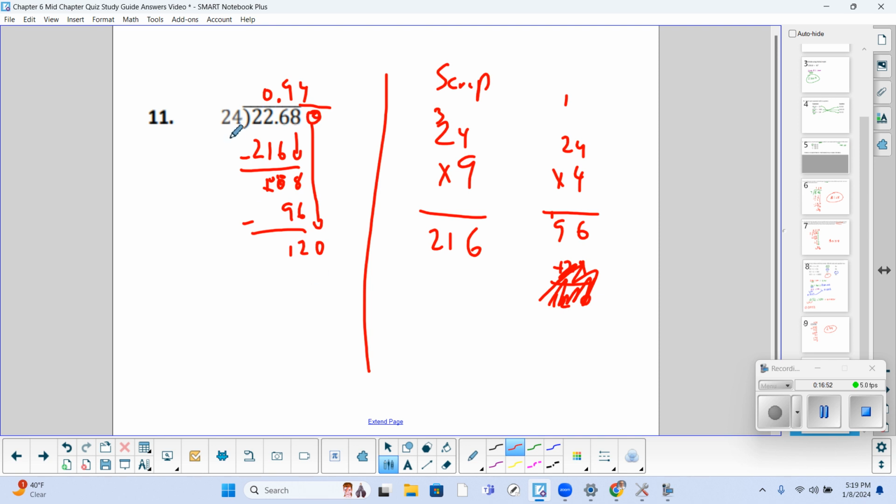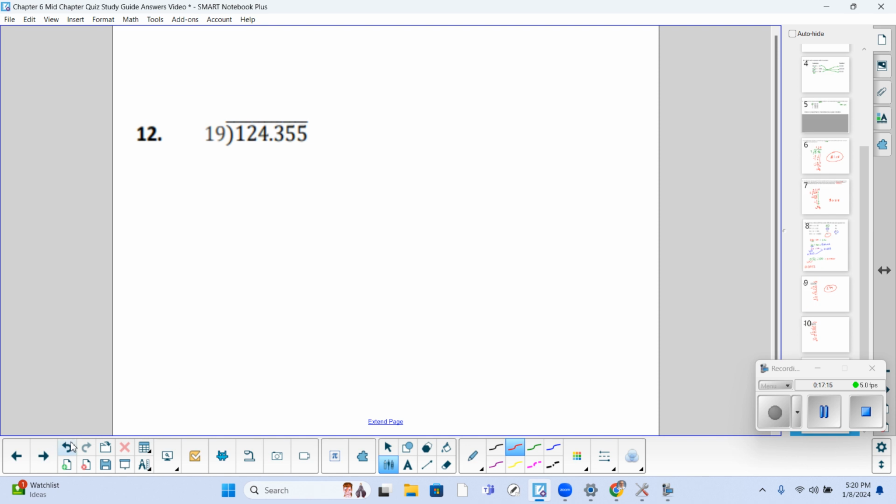We already figured out that 5 times 24 is 120. I just did that over here. So 5 goes in this decimal place right there. 5 times 24 is 120. I now have no remainder. So the answer to this one is 0.945.